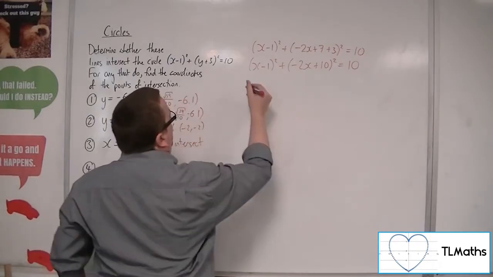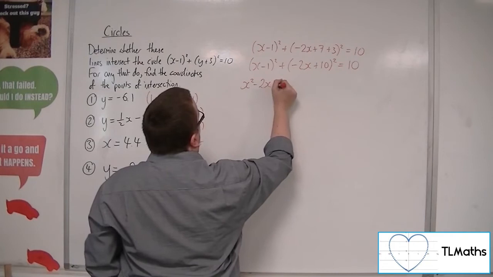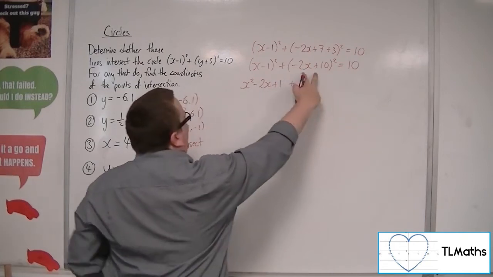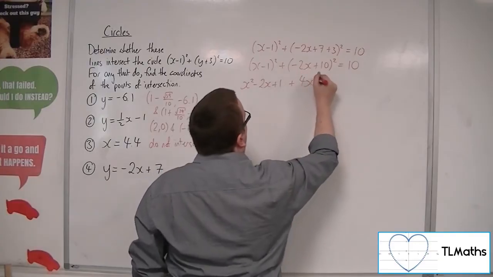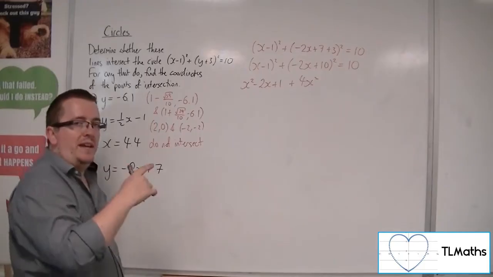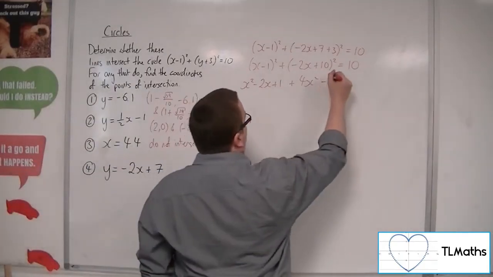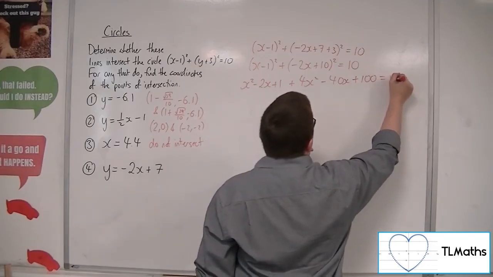Now we're going to expand both of those brackets. This first bracket is going to expand to x² - 2x + 1. Now this second bracket, we've got -2x times -2x, so 4x². We're going to have -2x times 10, so -20x, but that's going to happen twice, so -40x, and then plus 10 squared, so plus 100, is equal to 10.